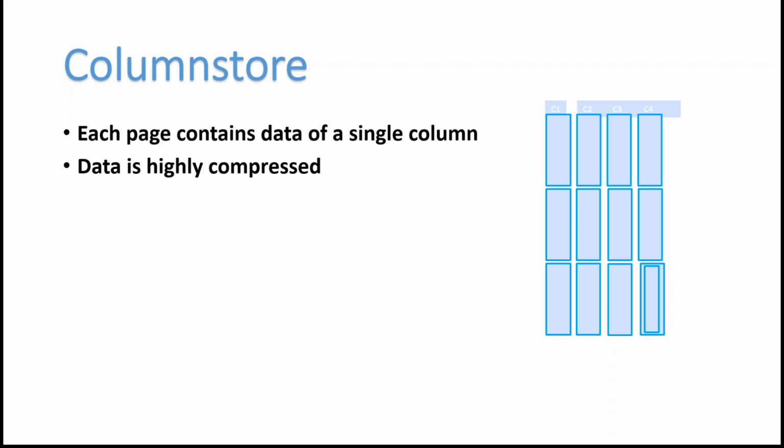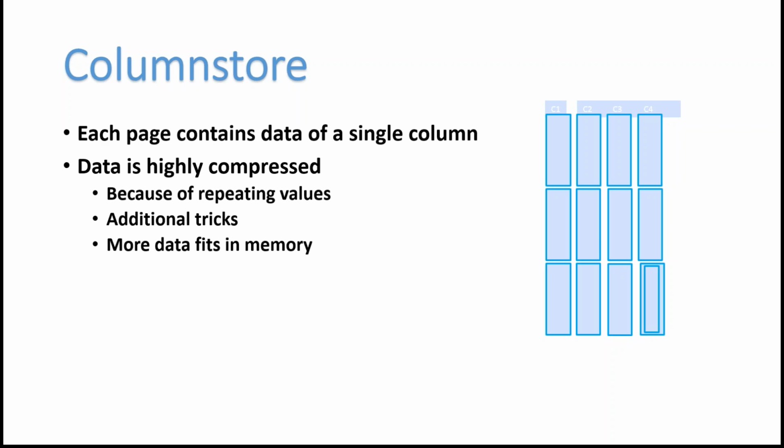So we will have, let's say, 50 million in California and 20 million in Texas and 30 million in New York and so on. So the values are repetitive for the state column. So if we compress that and store the data in a much more efficient way, we can store much less data than we need. As we said, that is because of repeating values and some additional tricks that we will see next in the presentation.